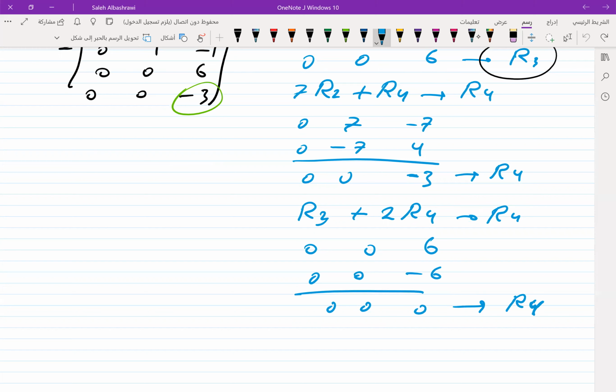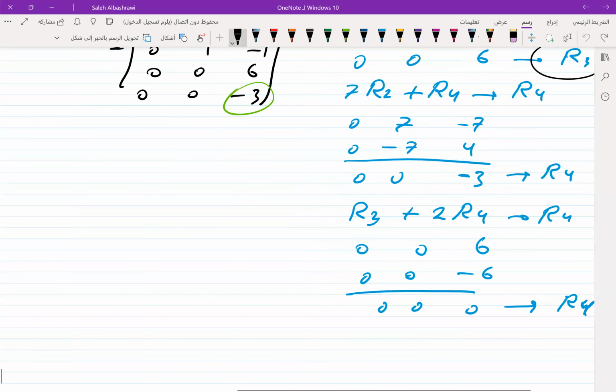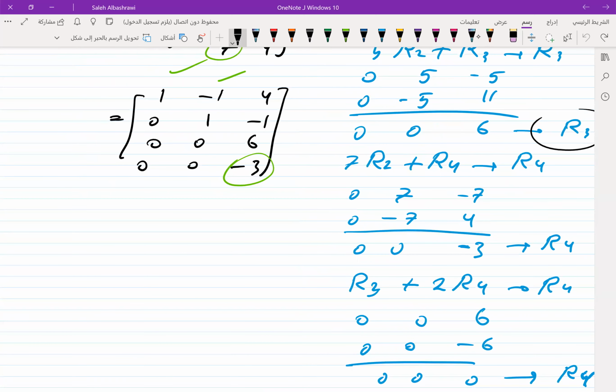This will be the fourth row. So the matrix is 1, minus 1, 4, 0, 1, minus 1, 0, 0, 6, 0, 0, 0.